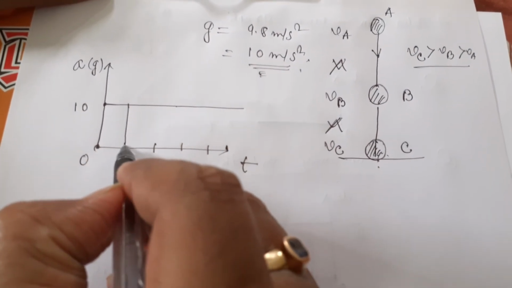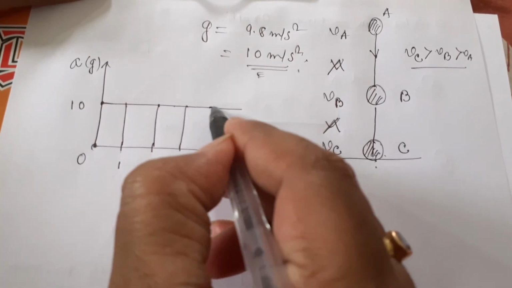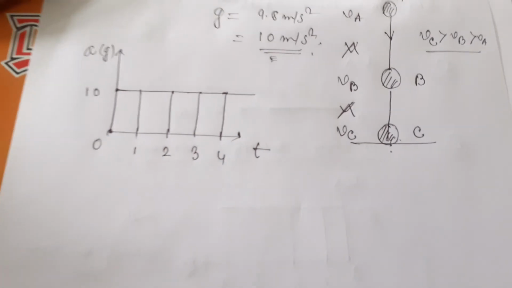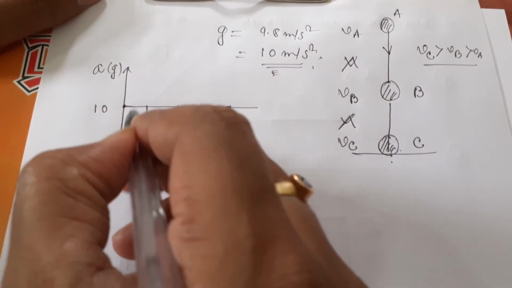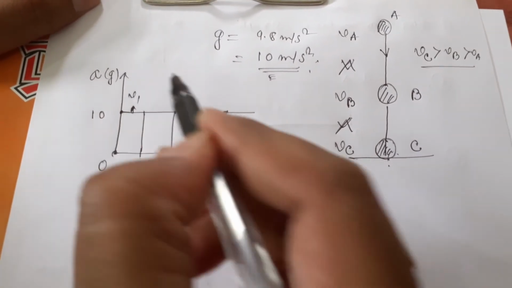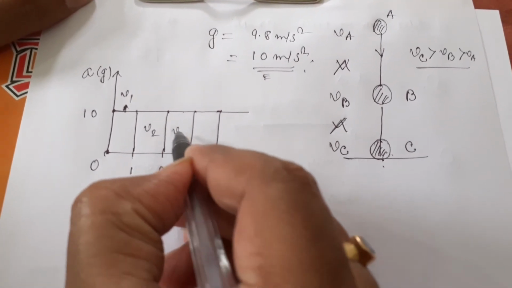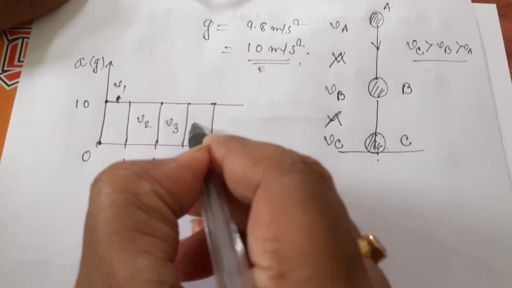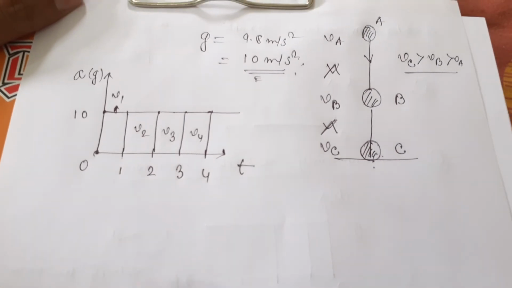So here I'm drawing some diagrams, and I will explain that, just see. Suppose you want to calculate the velocity of this portion, maybe V1, velocity of this portion V2, velocity of this portion V3, and this one is V4. Maybe 4 conditions we are calculating.